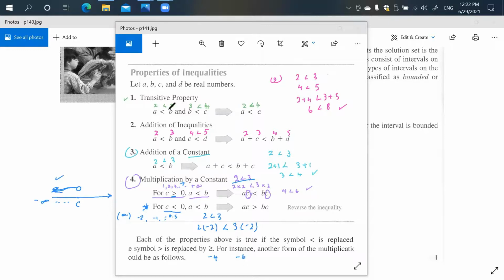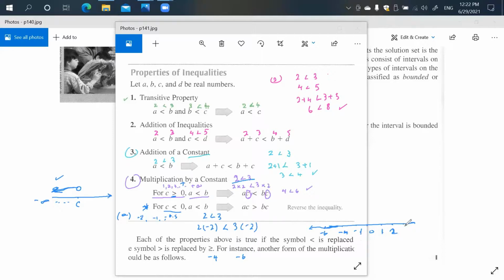No, right? Why? Because when you draw a number line, this is 0, this is 1, this is 2. Here is negative 4 and here is negative 6. Tell me, is negative 4 less than negative 6 or not? Any number on the right hand side is always greater than the number on the left.